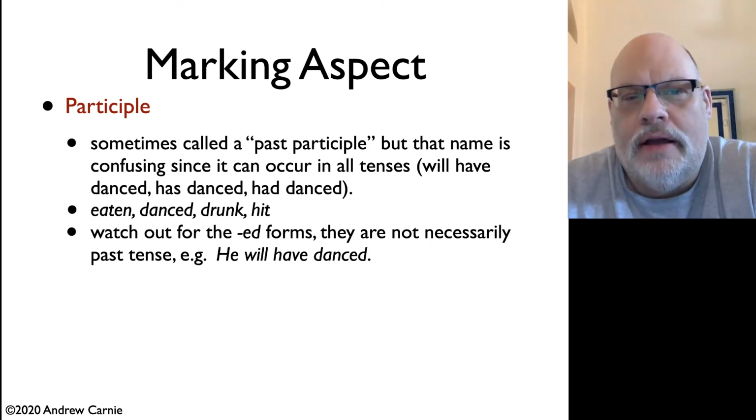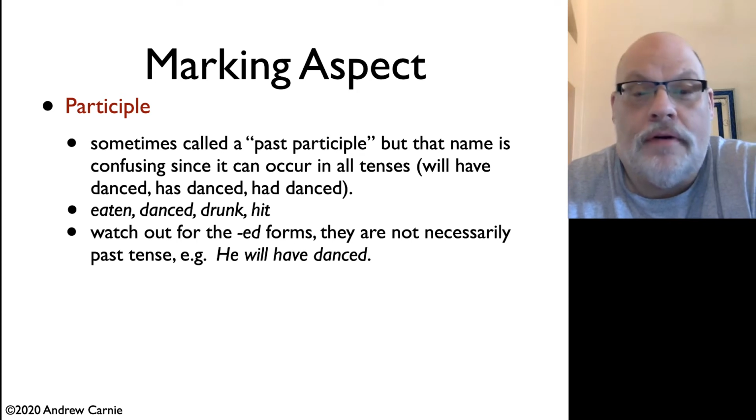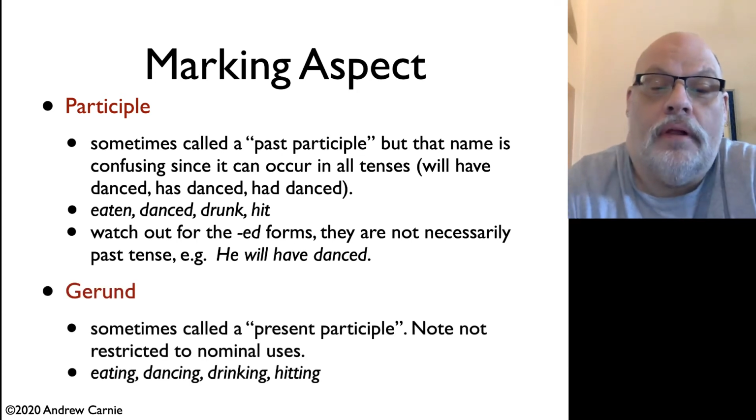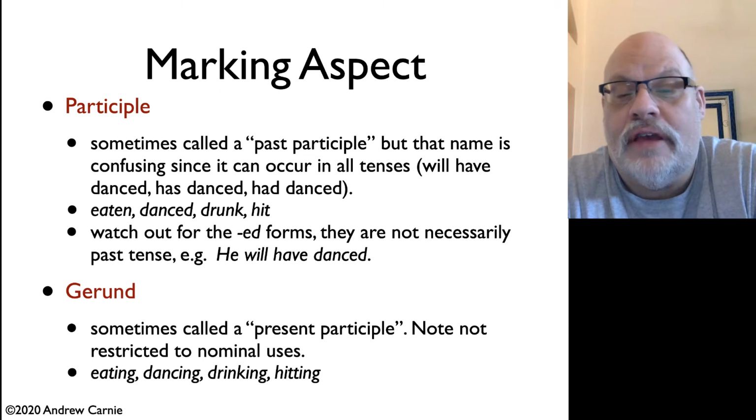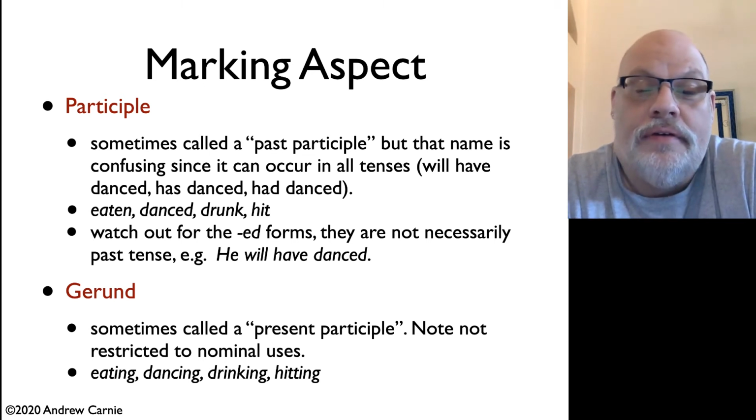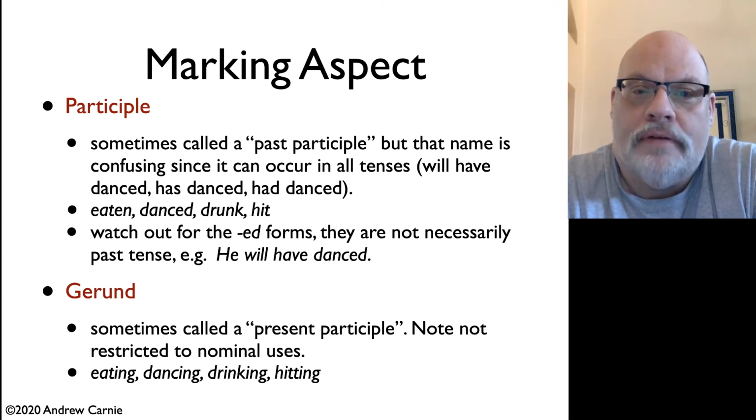The other kind of item that you may have heard talked about, you may have heard of a present participle. A present participle is the form that ends in ing, like he is eating, dancing, drinking, hitting, right? Those are all ing forms. Those are present participles.